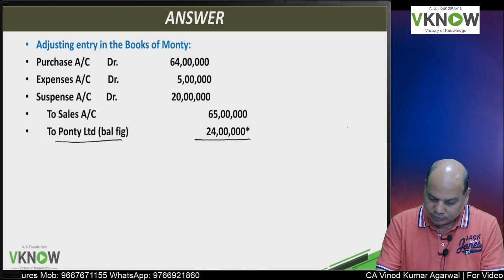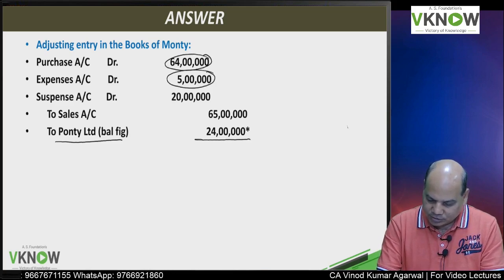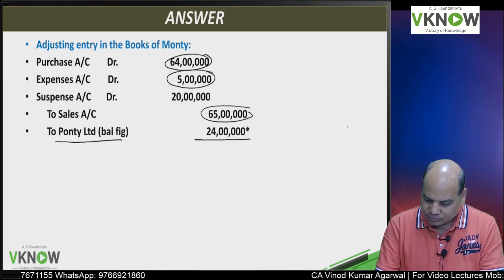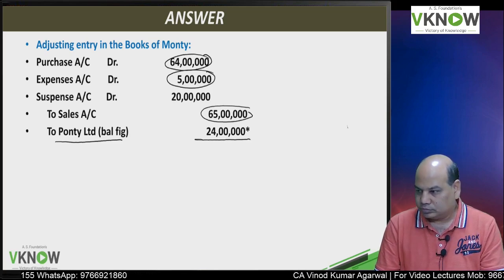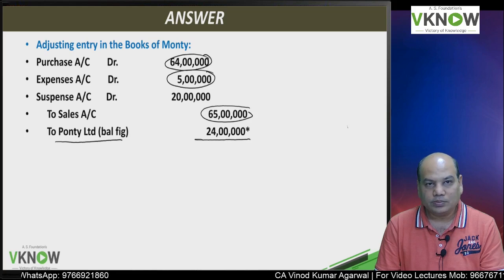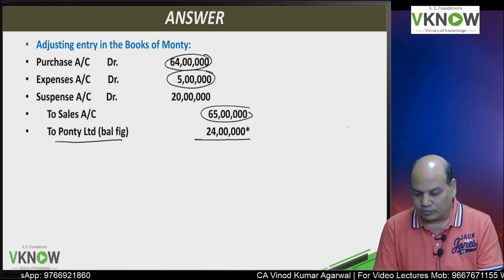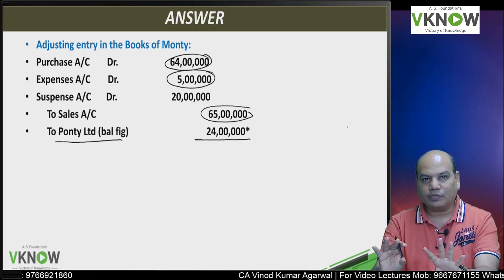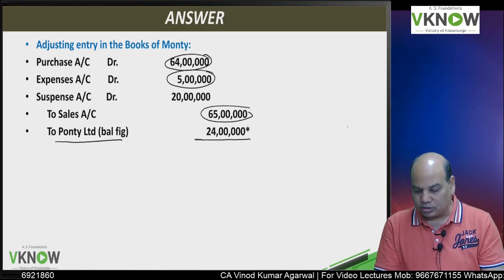Automatically what will happen? You are going to record purchase, expense and sales. So adjustment will be in the profit and loss account. Automatically the net profit will get reflected in the profit and loss account.